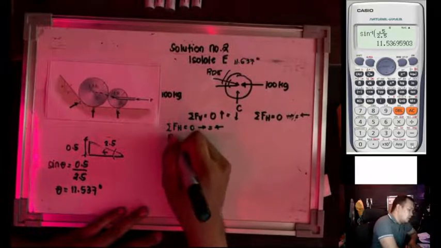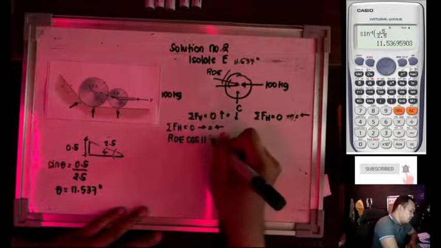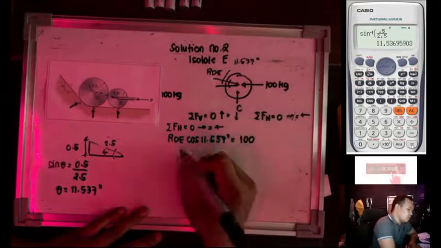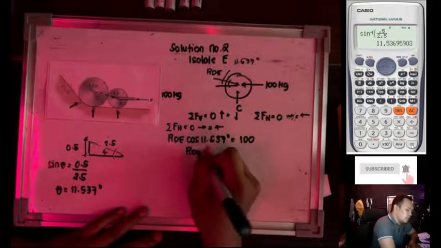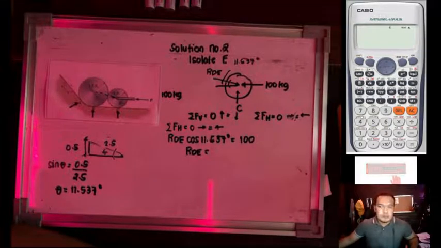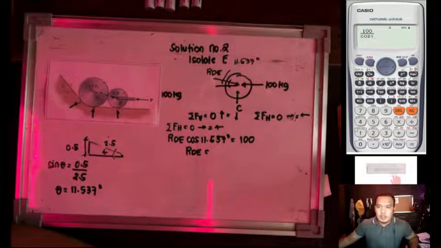So RDE cosine 11.537 degrees is equivalent to 100 kilograms. RDE is equivalent to, using the calculator, 100 over cosine 11.537, equals.